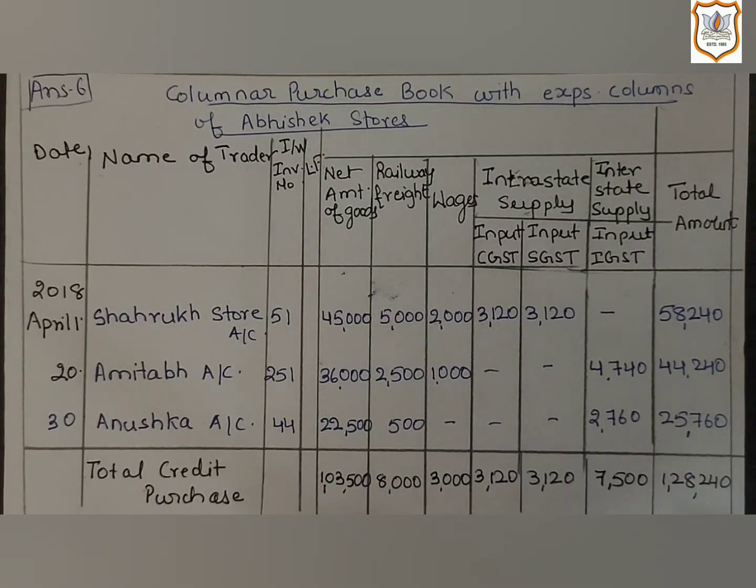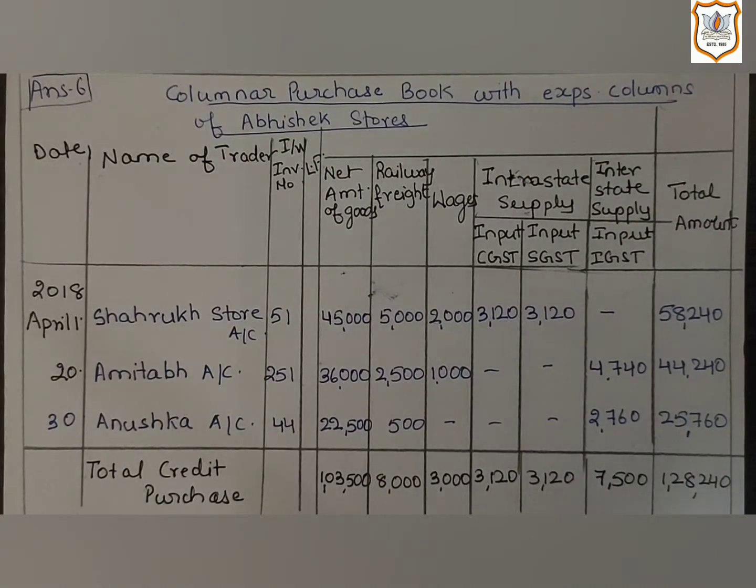So to keep a separate record for such different expenses, the purchasing businessman adds more columns in the purchase book as required. For each such expense, a separate column is kept where the respective expense is recorded.